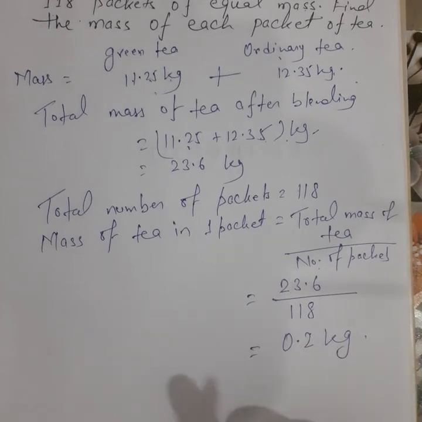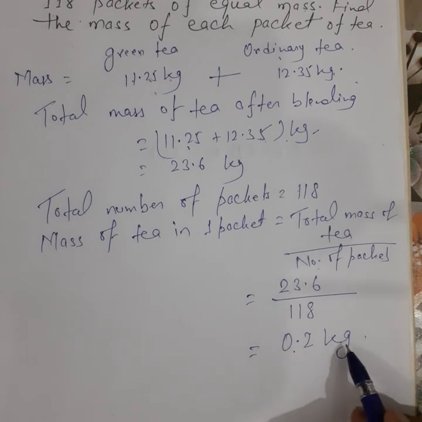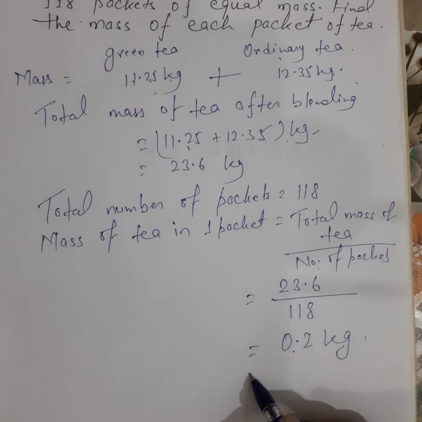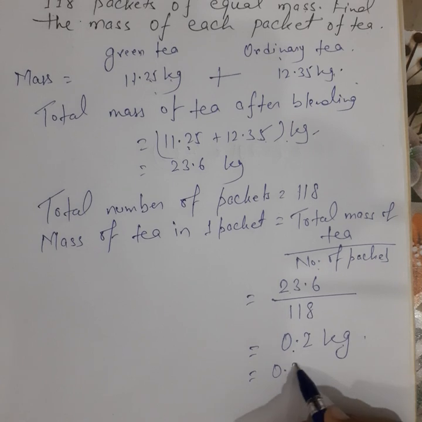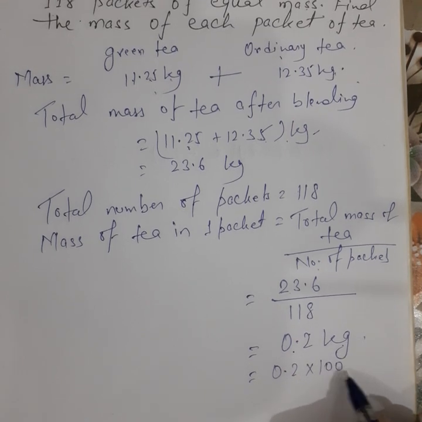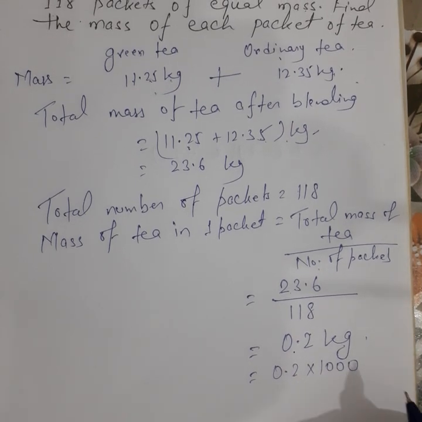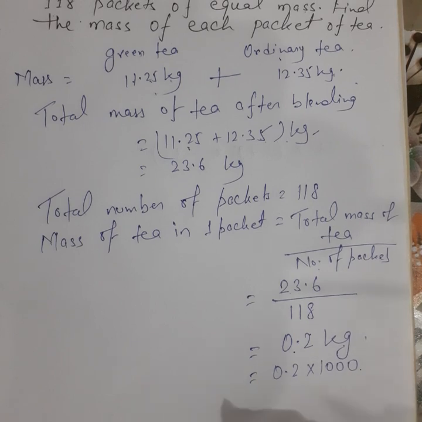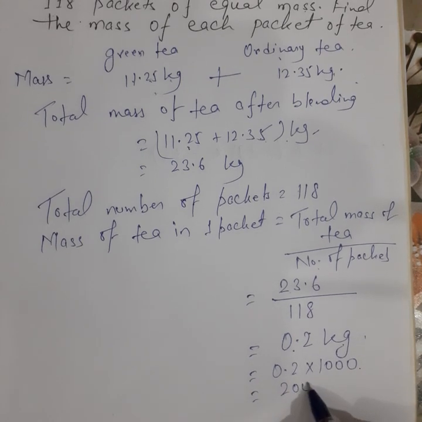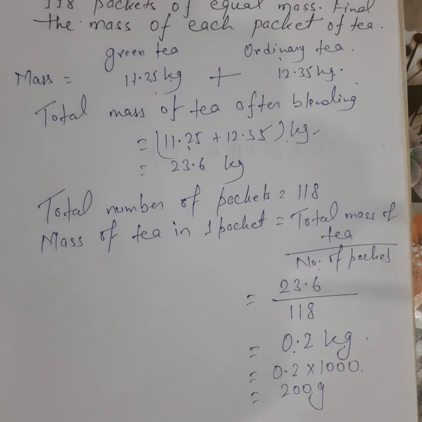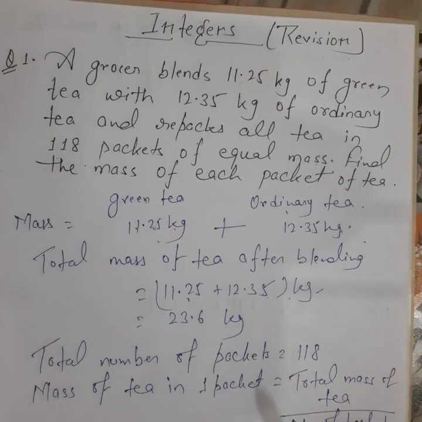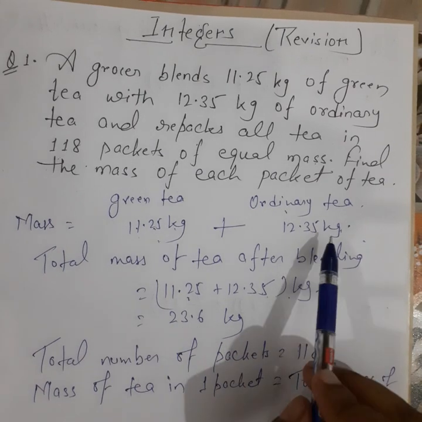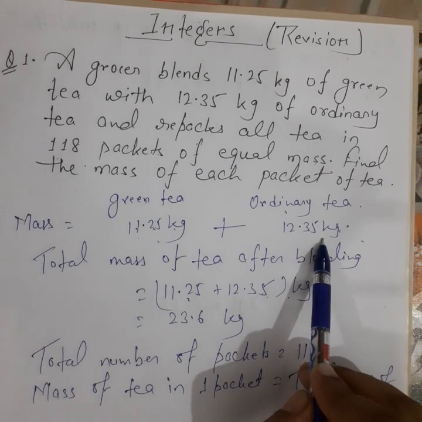Now what we do? We change the kg into grams. For that, what we have to do? We multiply kg with 1000, then it converts into gram and we get the mass of each packet is 200 gram. What is given? The mass of green tea and ordinary tea is given.